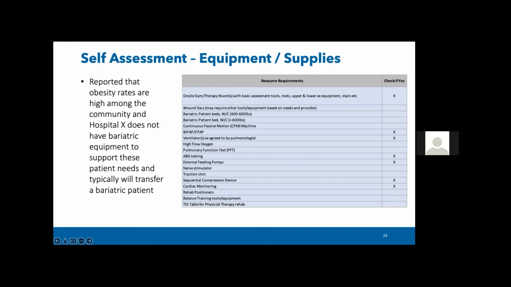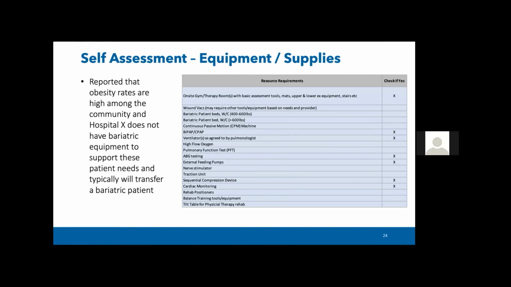Again, this is looking at an inventory of some of their equipment needs or their resources related to their facility. And they did have some orthopedic equipment needs. And they also at the same time said, we have high rates of obesity in our community, but we don't have the special equipment to be able to support that patient population.